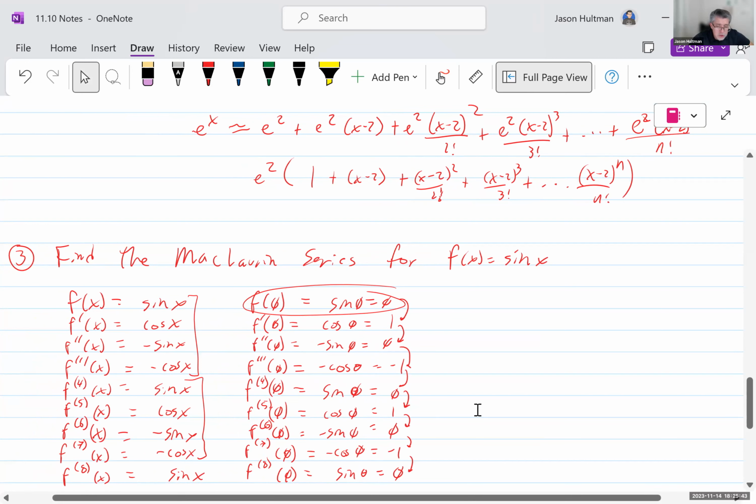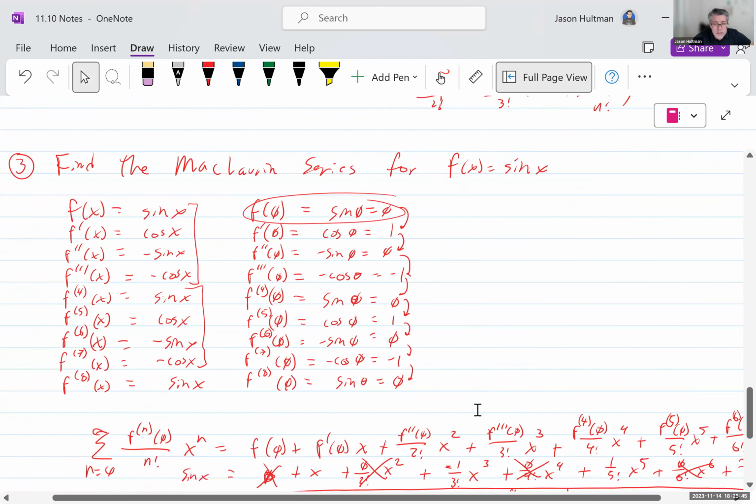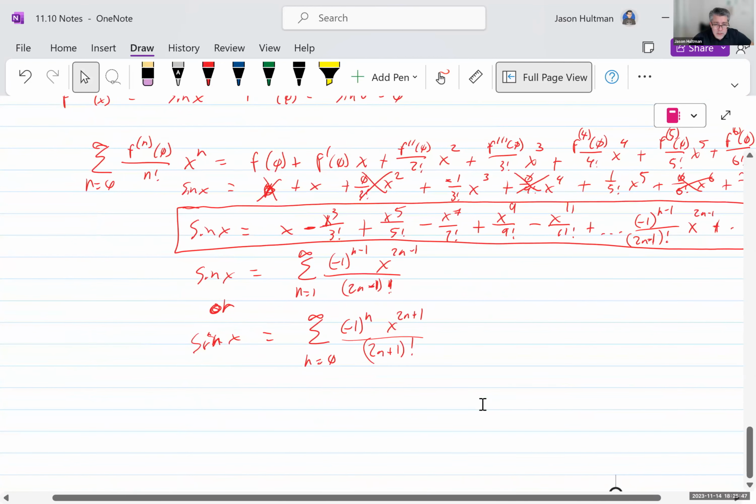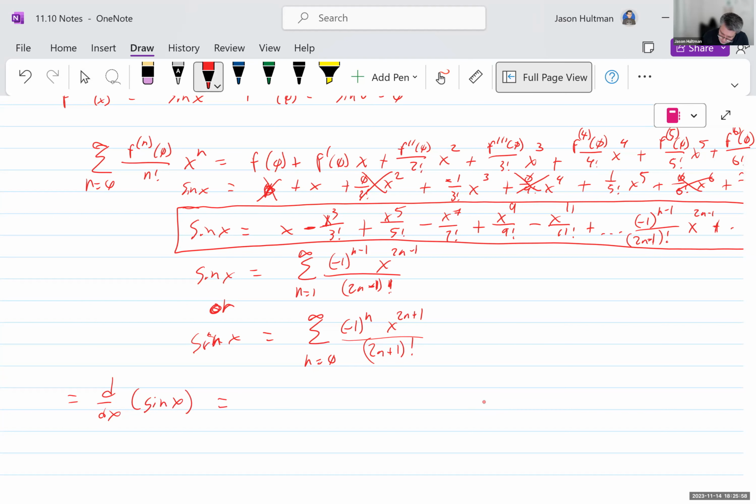So let's shorten the process. Since we already know what the series for sine is, let's just take the derivative of sine, which is cosine. Cosine is the derivative of sine, right?